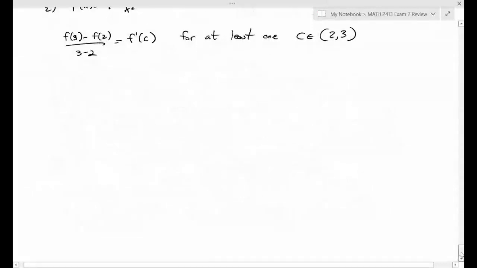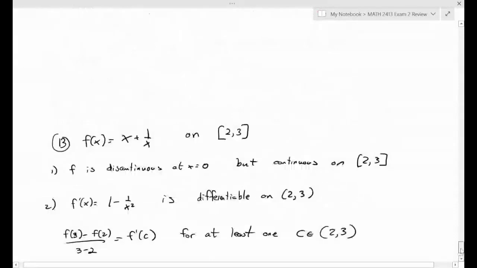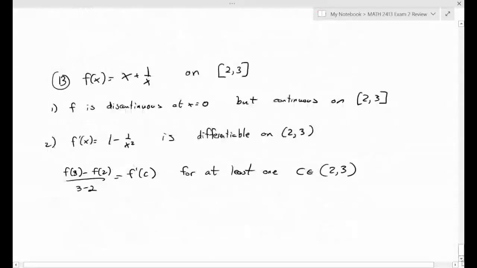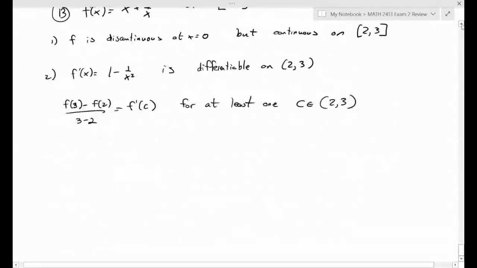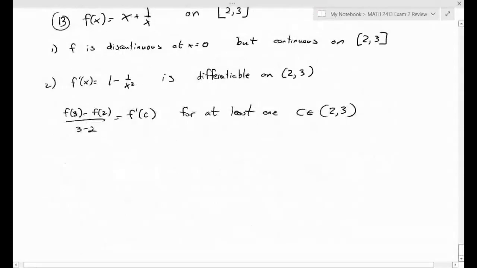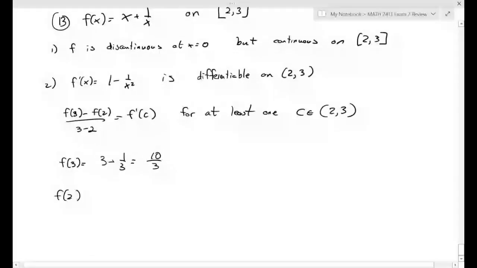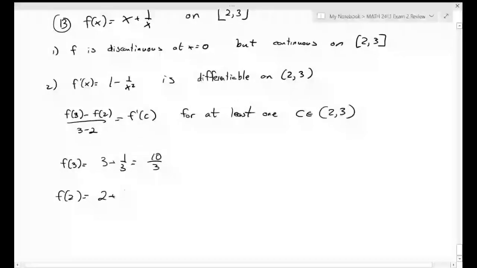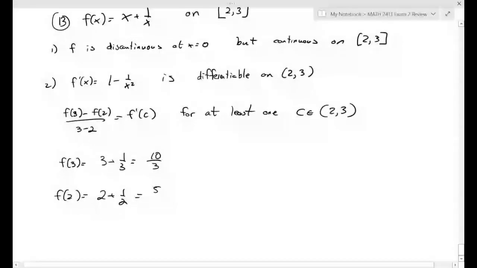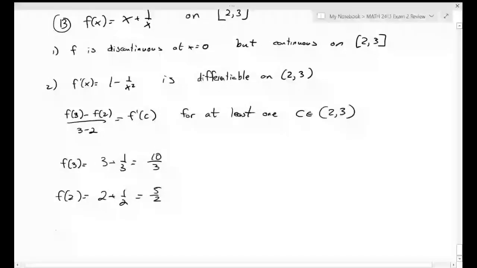It looks like we need f at 3, f at 2, and f prime at c.